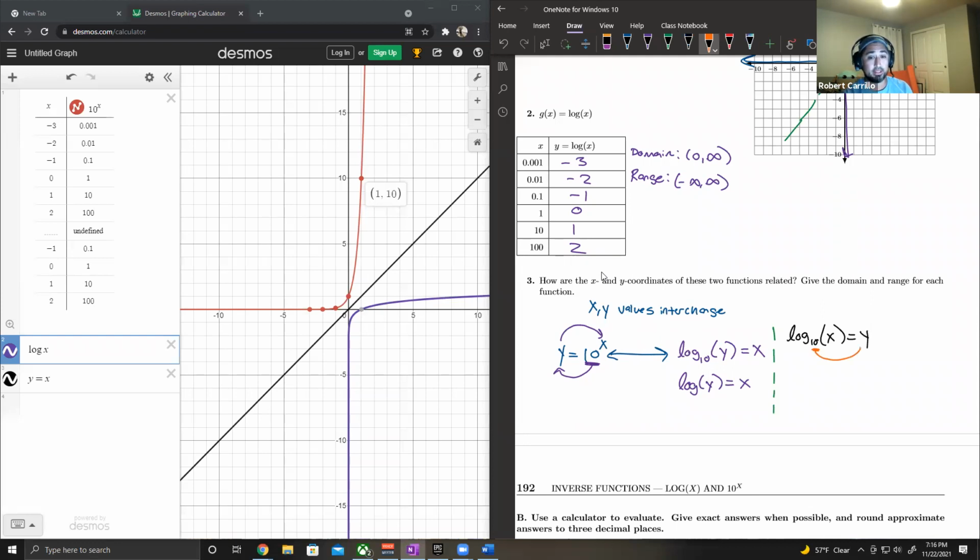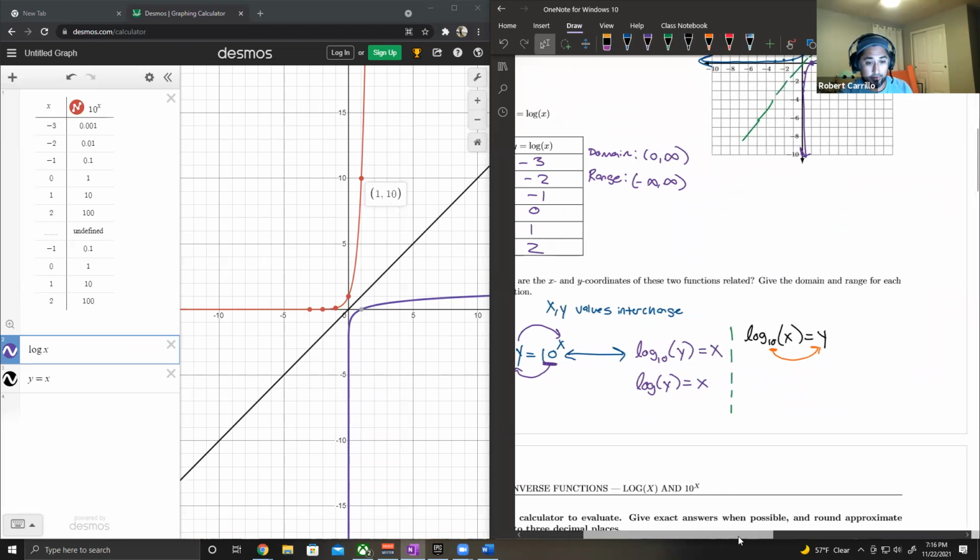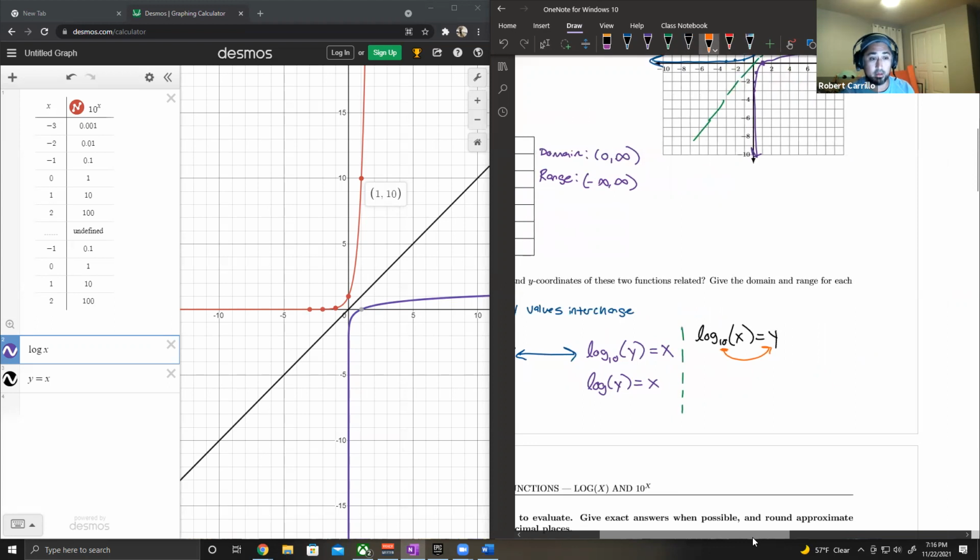So this becomes 10 to the y power, and then you set it equal to whatever is inside the logarithm. So 10 to the y equals x. And there you go. That's it.